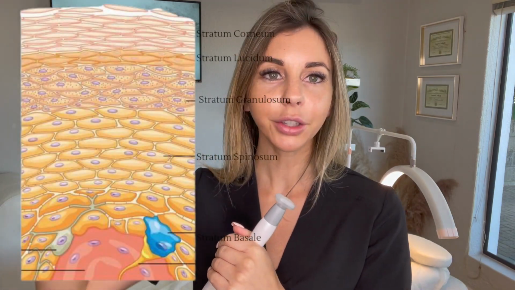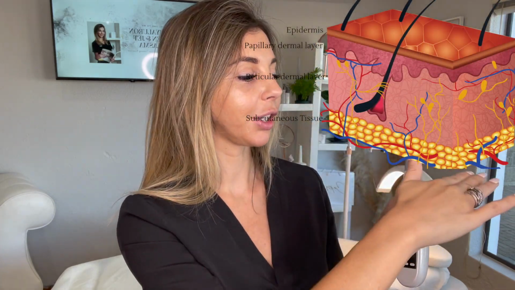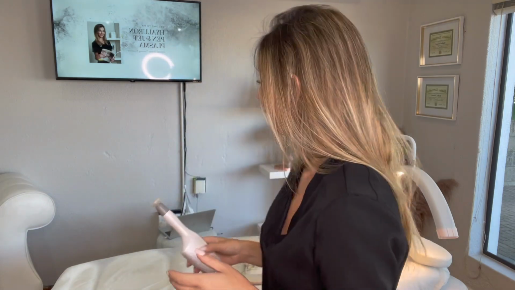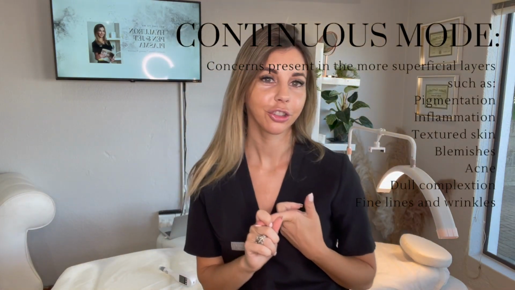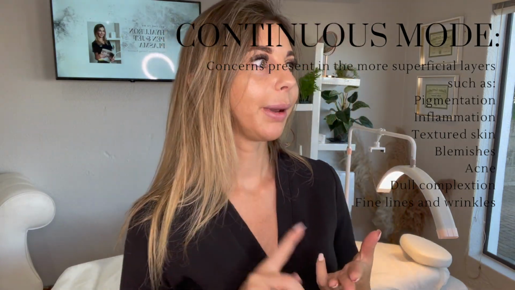So continuous being more superficial, because this will vary slightly from person to person depending on the condition of your skin and so many other factors, but let's say continuous would be more your epidermal layers to your papillary dermal layer. Your pulse mode is going to be your papillary dermal, reticular dermal, subcutaneous tissue. Remember that this goes all the way down to the subcutaneous tissue. So when I am targeting concerns like acne, like pigmentation, like inflammation, blemishes, very fine hairline little lines and wrinkles, overall glow, all of those things are epidermal concerns.